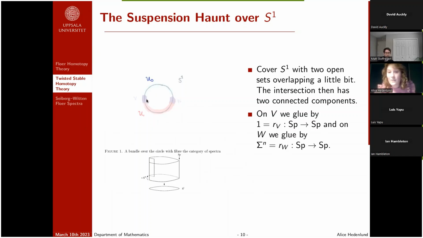But on one of them we glue by, okay, we need to specify a self-equivalence of the category of spectra. And there's an obvious choice there. We can just take the identity, right? So I'm going to glue that by just picking the identity. And then on W, the other one, I'm going to glue by taking the self-equivalence given by suspending my spectrum n times.